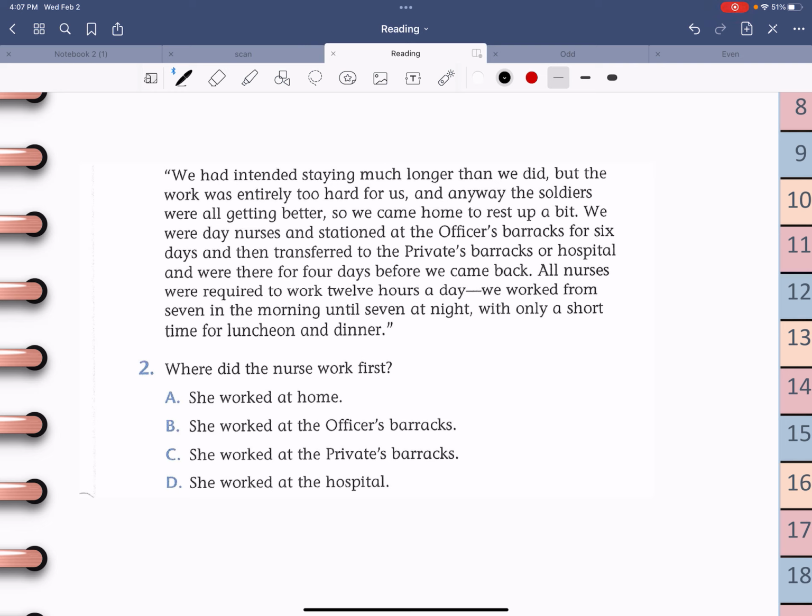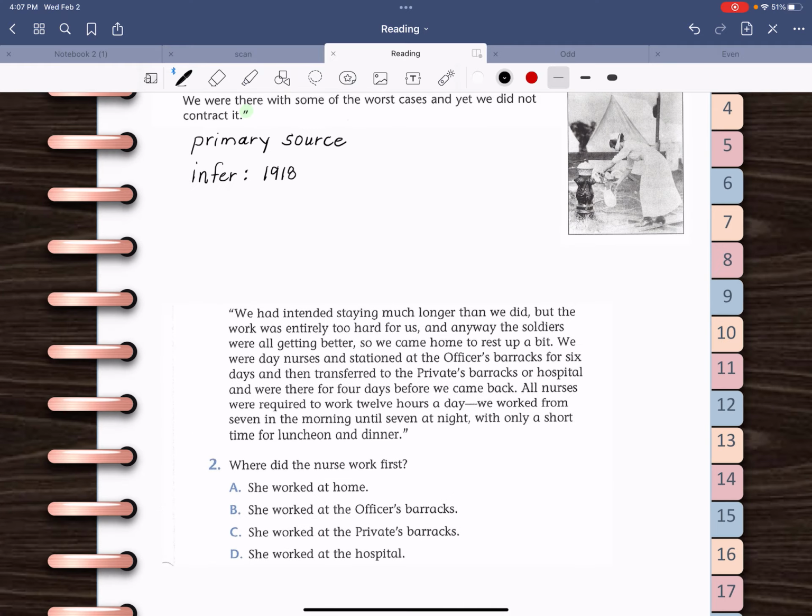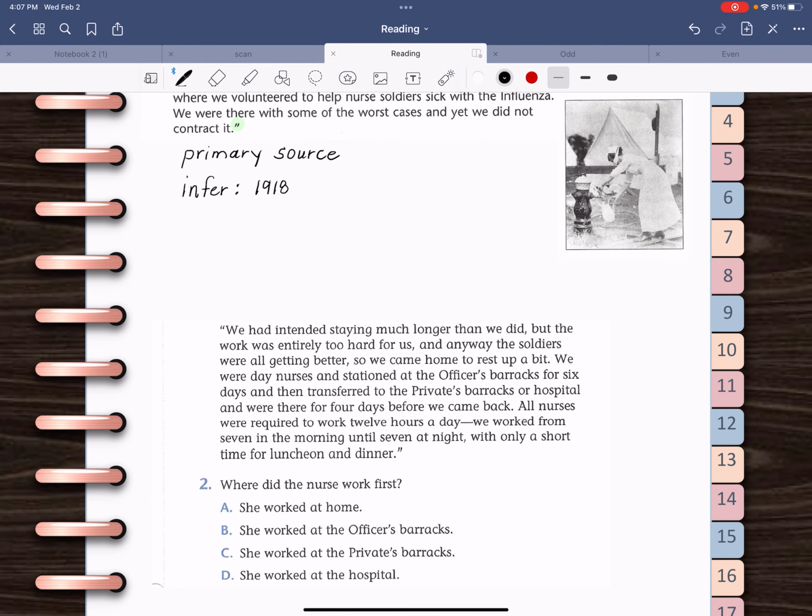We were day nurses and stationed at the officers' barracks for 6 days and then transferred to the privates' barracks or hospital and were there for 4 days before we came back. All nurses were required to work 12 hours a day. We worked from 7 in the morning until 7 at night, with only a short time for luncheon and dinner. So again, this is more of that letter from 1918.